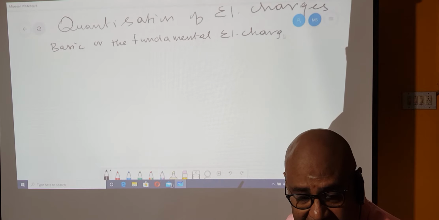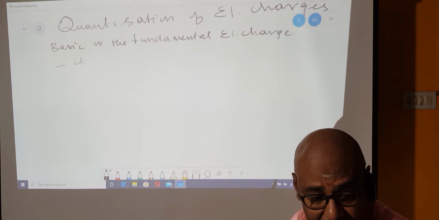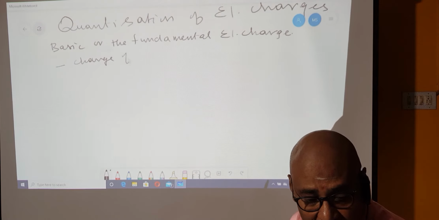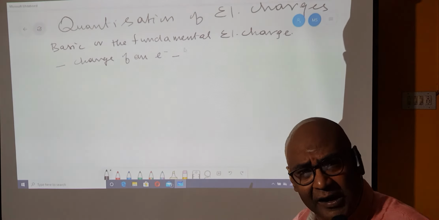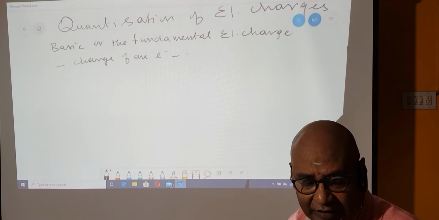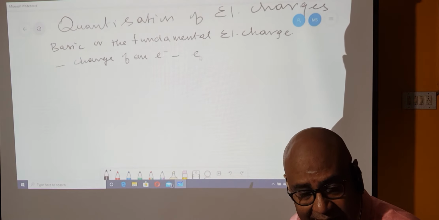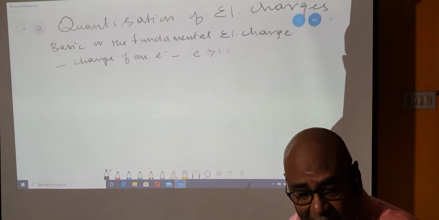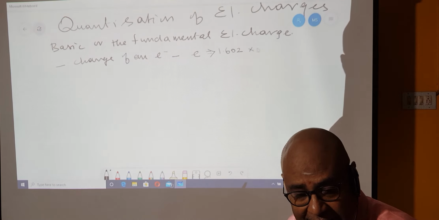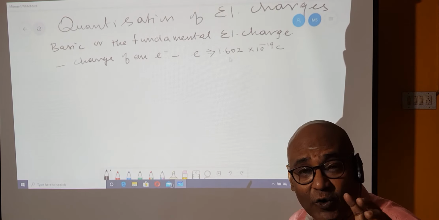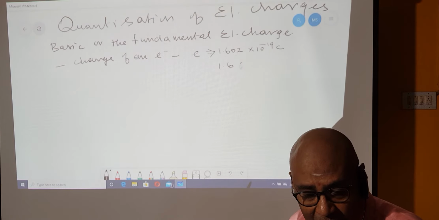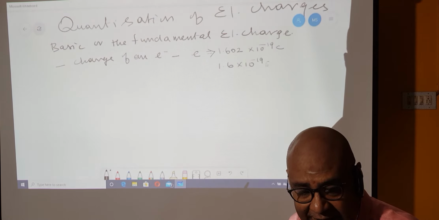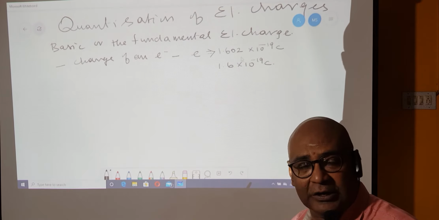In any material, the basic electrical charge available is the charge of an electron, generally represented by the letter e, and its magnitude is 1.602 × 10^-19 coulomb. This is the value of one electronic charge. In your book, they have simply given it as 1.6 × 10^-19 coulomb, rounded off to 2 digits.